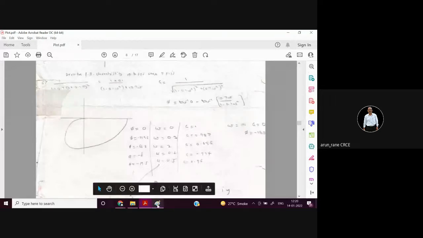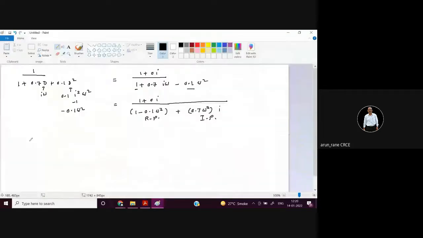G is equal to 1 upon root of real part square, that is 1 minus 0.1 omega square, its square, plus the imaginary part 0.7 omega, its square. Okay, so this you have to solve, using a minus b the whole square and this.